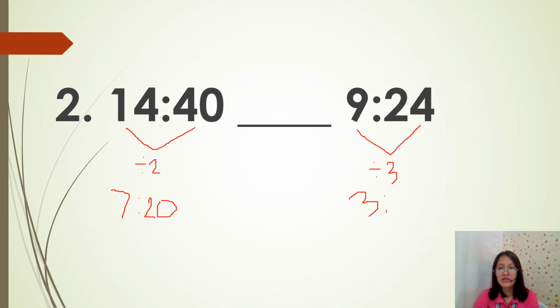And then 24 divided by 3, that is 8. And then compare. 7 is to 20. 3 is to 8. They are not equal or they are not the same. Therefore, these ratios are not equal or not equivalent.